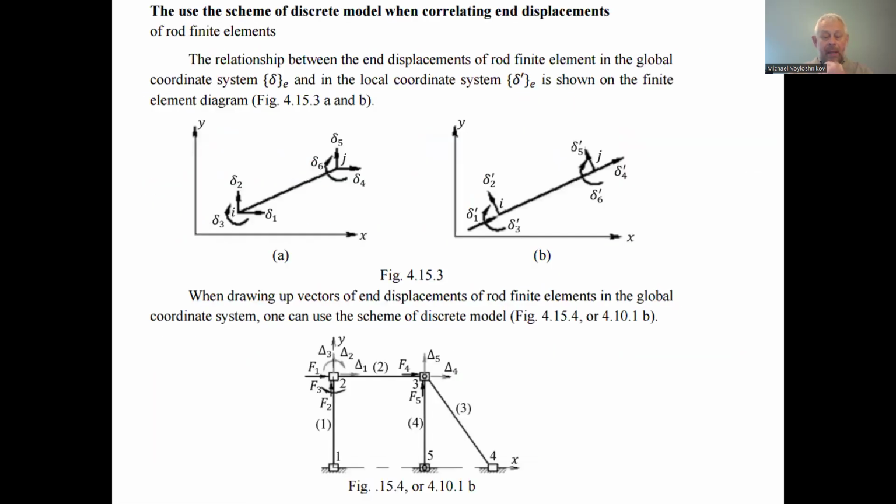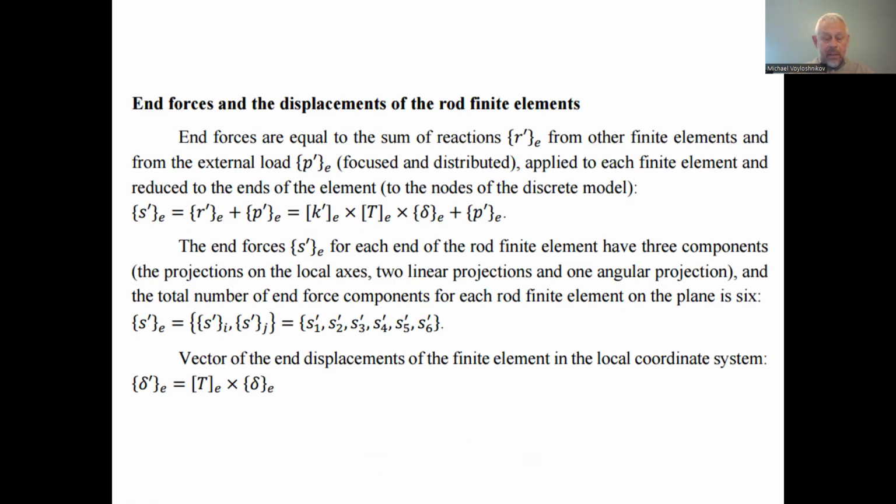And this is the product of matrices in the formula defining the forces acting at the ends of the finite element, the six vector components of the two ends, each with three efforts: two forces and a moment applied to each end of the finite element for the flat frame.